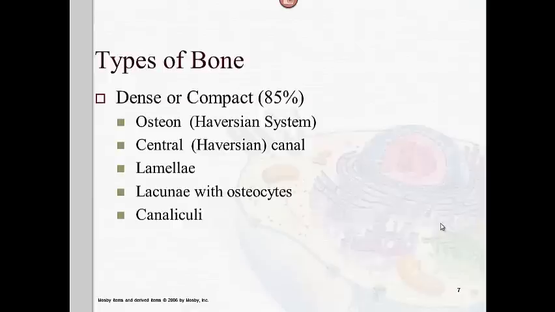Compact bone, besides being called cortical bone, is also called dense bone. The compact bone has an osteon, which is the Haversian system: a central canal, lamella, lacuna, and canaliculi.